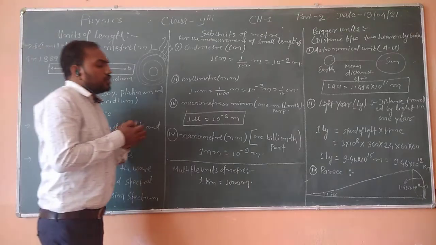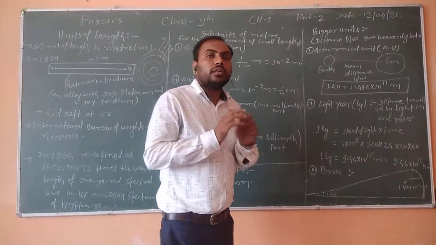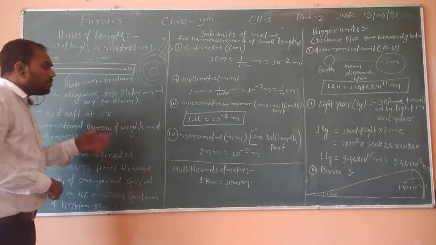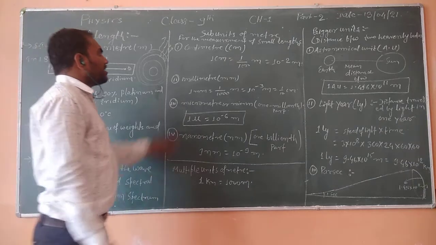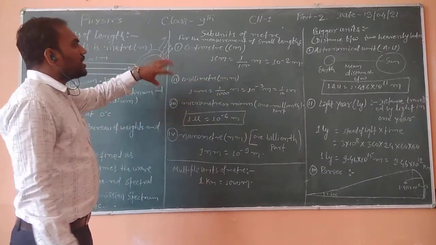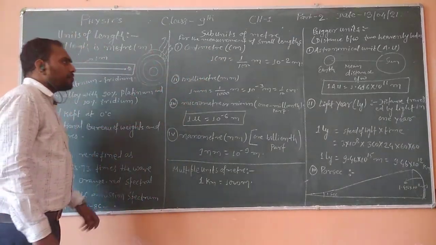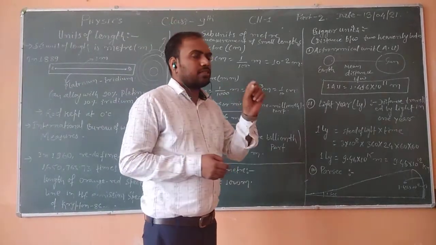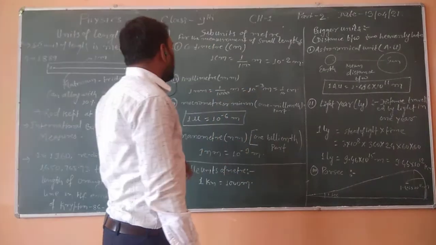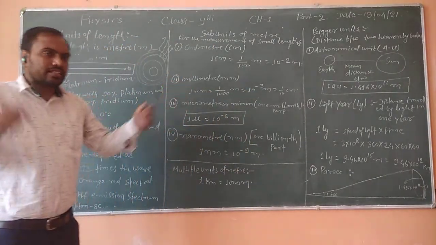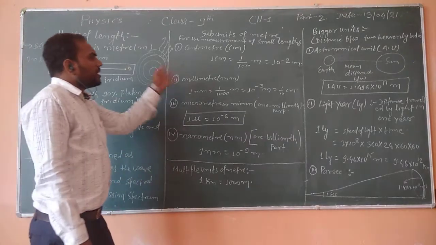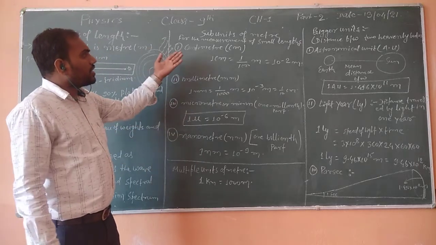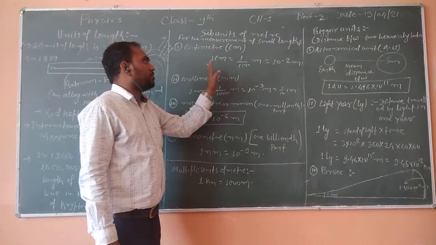How will we convert it into many units like centimeter, millimeter, micrometer, nanometer? These are called sub-units, for the measurement of smaller lengths, because for very small particles it would be tough to measure with a meter scale. So they compared these smaller units to the bigger units and made a relation between them.